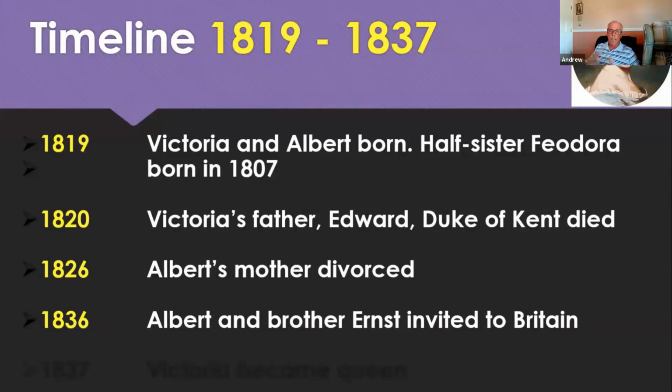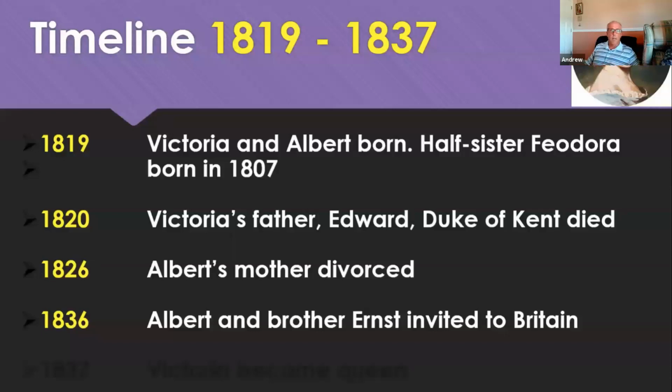So the point I want to get to, and I'll talk a little bit more about Victoria in a second, is that both of them have very unhappy childhoods. Albert's childhood was particularly depressing. What they tried to do, Albert especially, is to create some stability and a sense of a loving home for those children, because both of them, and again, especially Albert, lacked that when they grew up.